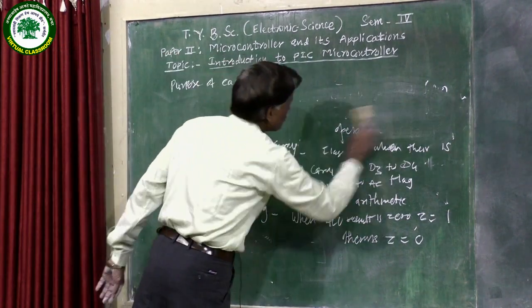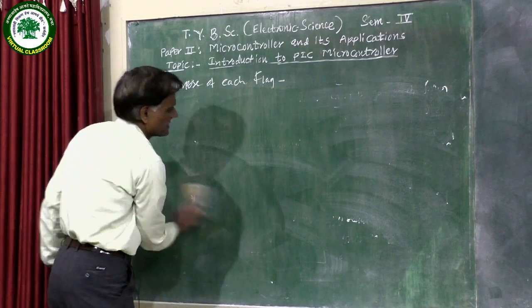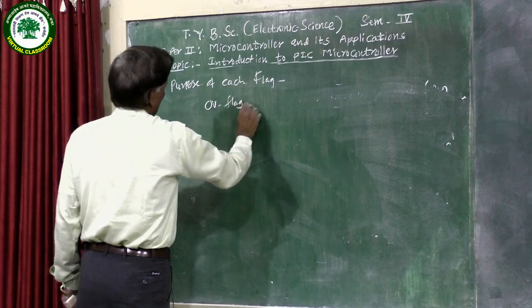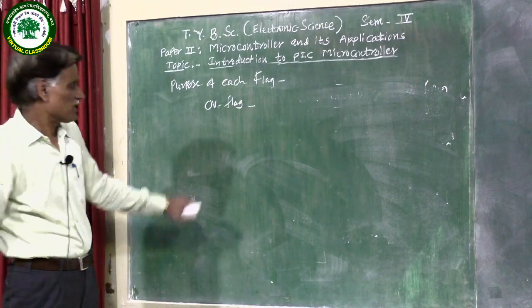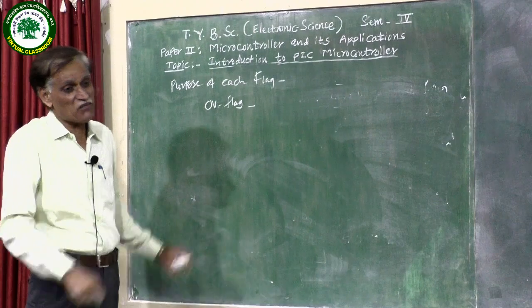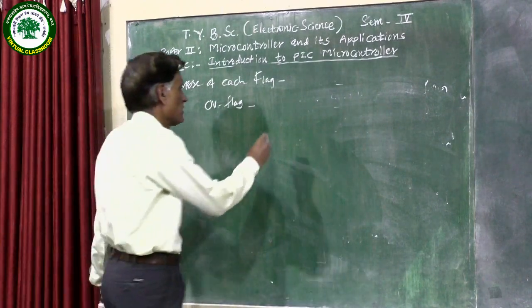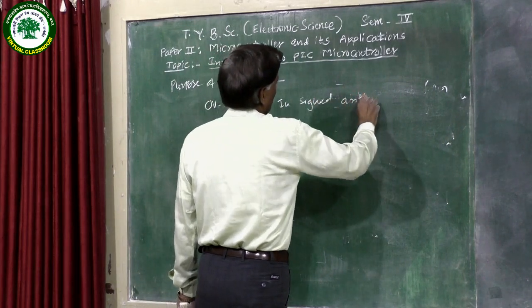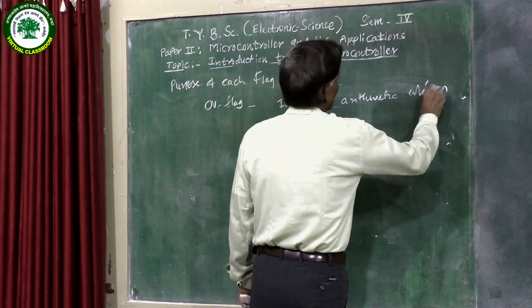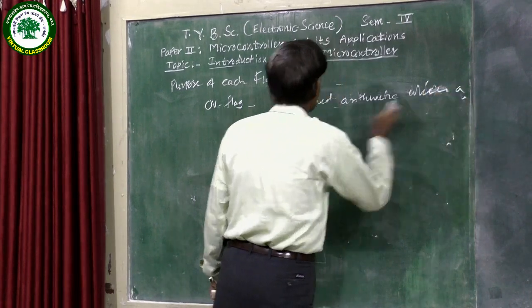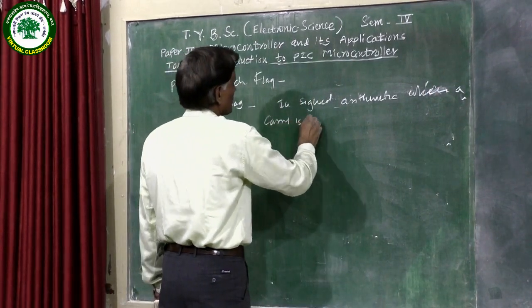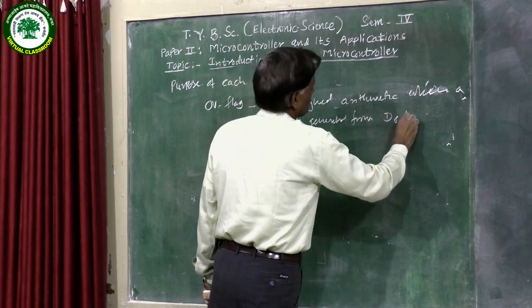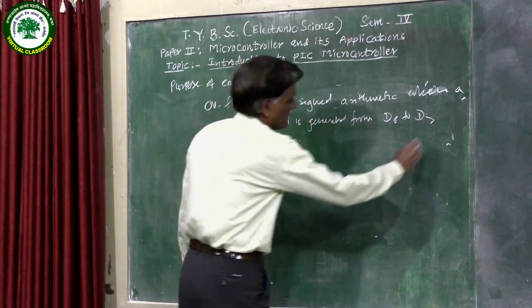Similarly, I will take into account the remaining two flags in brief. OV, the overflow flag. Whenever there is a carry from D6 to D7 in signed arithmetic, when a carry is generated from D6 to D7, the flag sets.